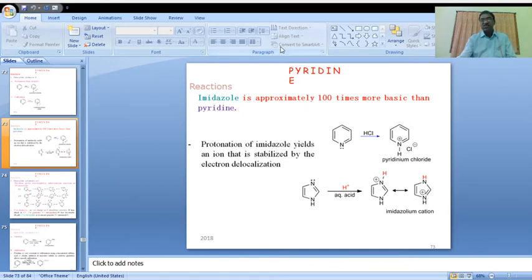Based on this, the imidazole compound is more basic than pyridine. Is it clear? Is there any doubt? It is extra information, it may come at PG level, and may be repeated in MSc chemistry. Okay, this is about the basic property compared with imidazole.